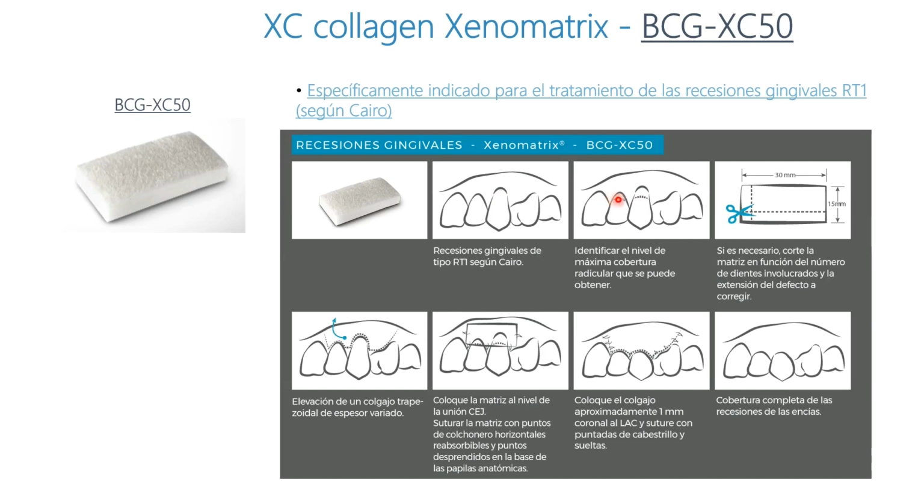The dashed line indicates where the gingival margin should be to cover the recessions. If necessary, the matrix can be cut when it is dry to adapt to the size of the recessions. And then these are the incisions that are made to elevate the flap.